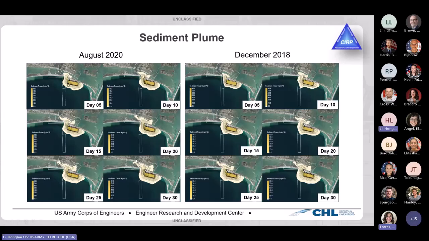So that's why you see the expansion of the plume much faster in summer than in winter. But because the winter storms are stronger overall, I mean monthly. But at the end of the simulation, day 30, you see the plume outside is very similar comparing summer and winter.